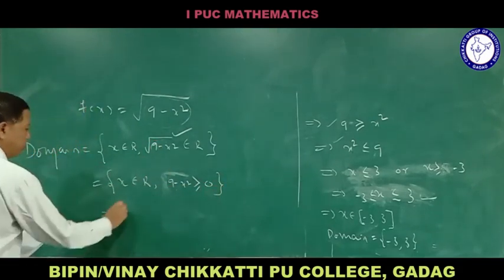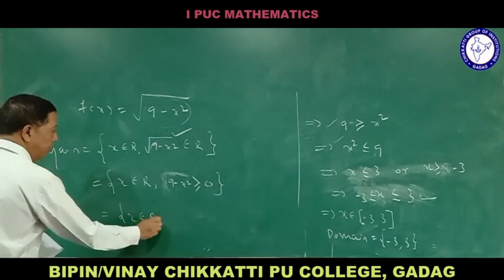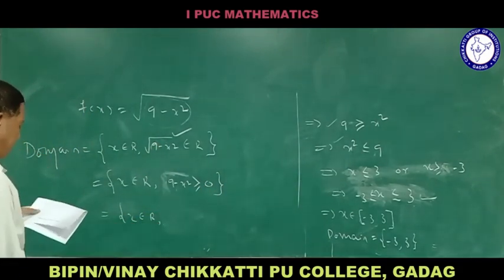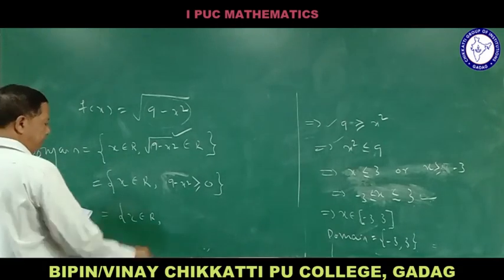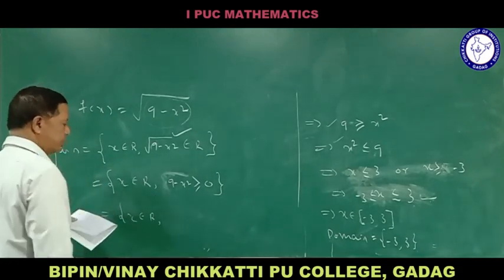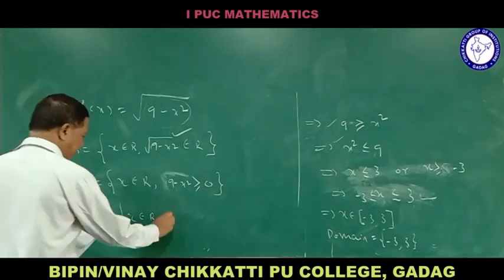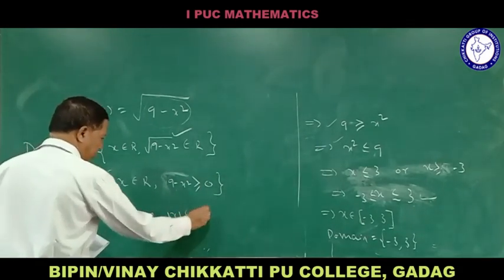So when it belongs to the real numbers, 9 minus x square is greater than or equal to 0. If you go for transferring the values, you get modulus of x is less than or equal to 3.